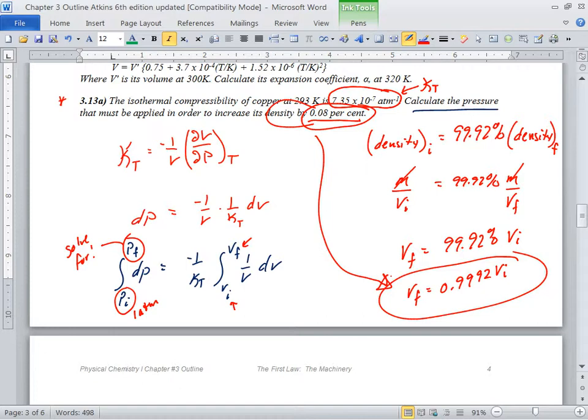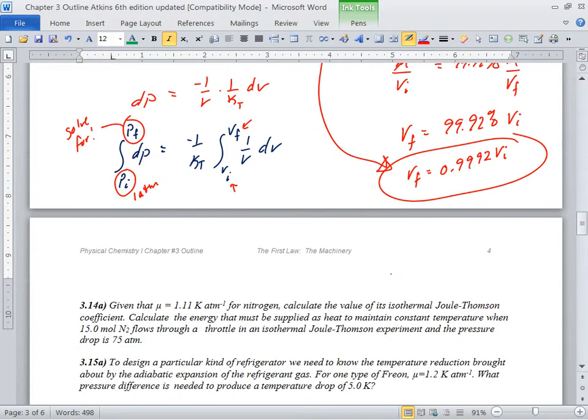You plug them in, right? So you do the whole integral, and then at the end, you can plug in this relationship and get rid of your v's.